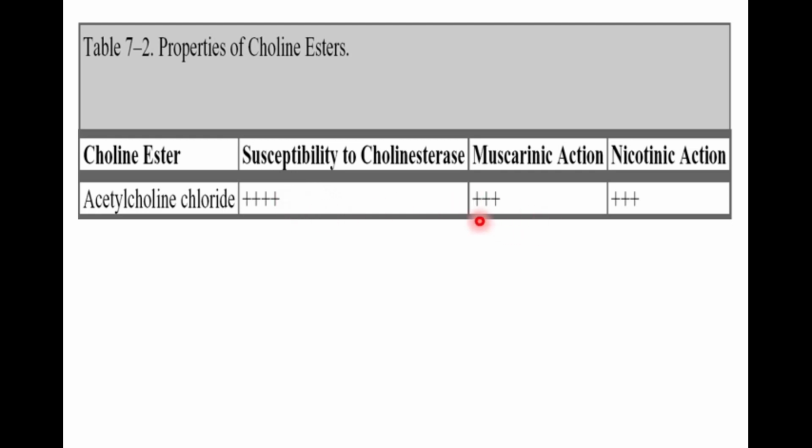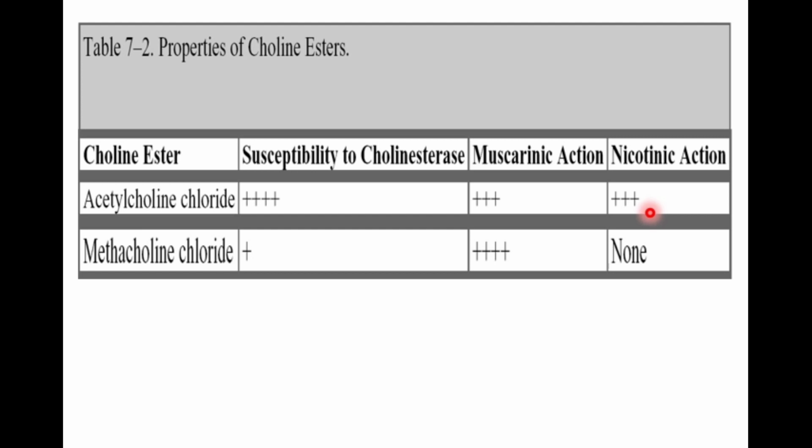It equally activates both muscarinic and nicotinic receptors. Methacholine is still hydrolyzed by cholinesterases, but at a much lower rate. However, methacholine, with little nicotinic activity, has a relatively pronounced effect on the muscarinic receptors.